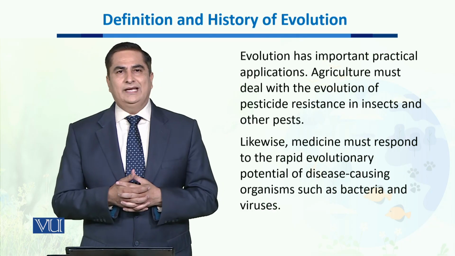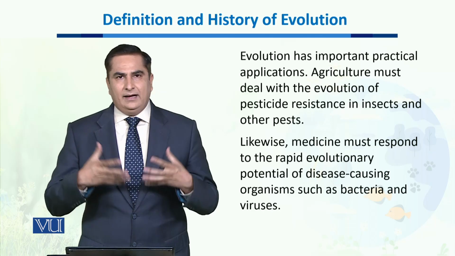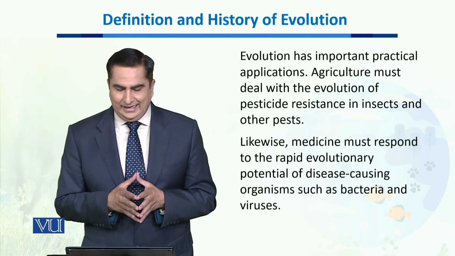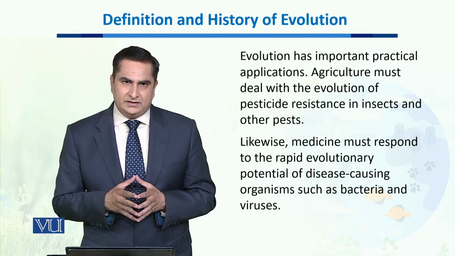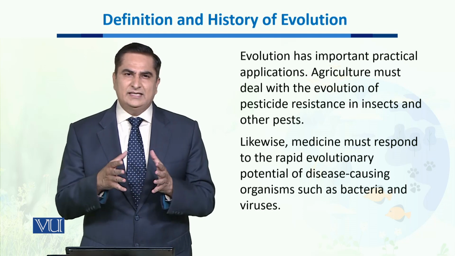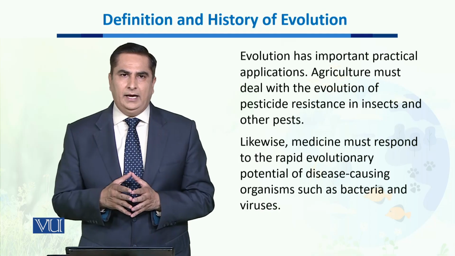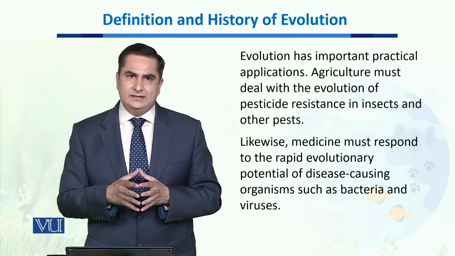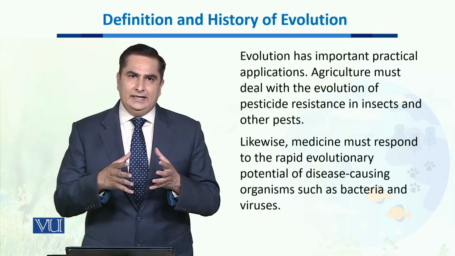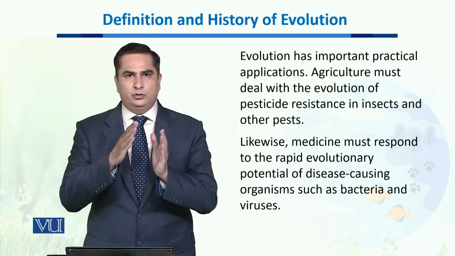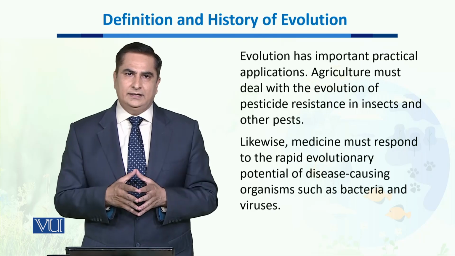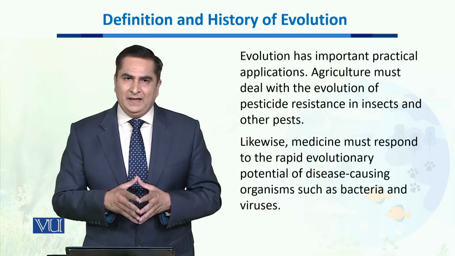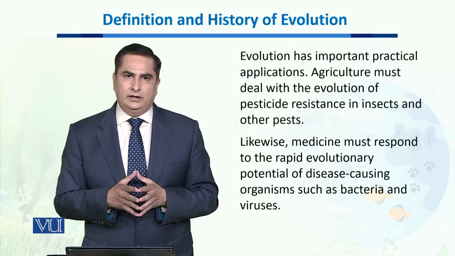When we talk about the agriculture field, agriculture must deal with the evolution of pesticide resistance in insects and other pests. As you are aware, insects have a very short lifespan and they grow very rapidly. So there are high chances that they can develop resistance towards the insecticides or pesticides commonly used in agriculture crops.